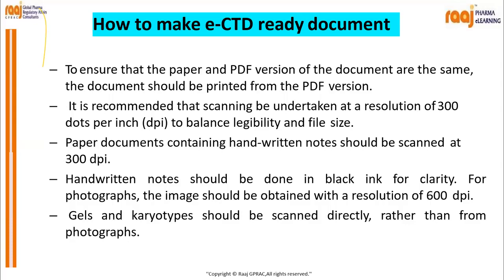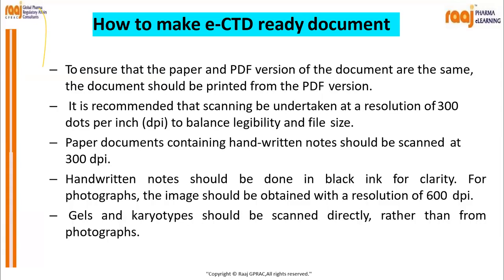Paper documents containing handwritten notes should be scanned at 300 dpi. Handwritten notes should be done in black ink for clarity, and for photographs and images, the resolution is 600 dpi. Otherwise, the image gets scattered. That's the reason, because lots of validation data contains chromatograms and some images, like sometimes we use a pictorial diagram to show the manufacturing equipment.